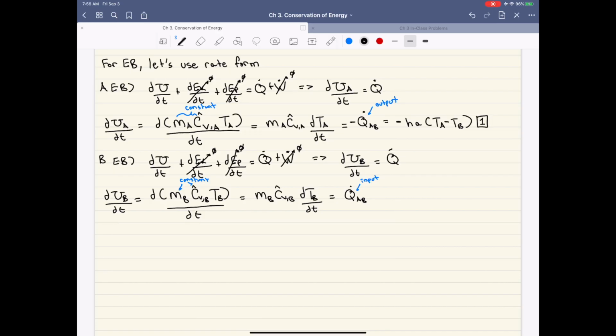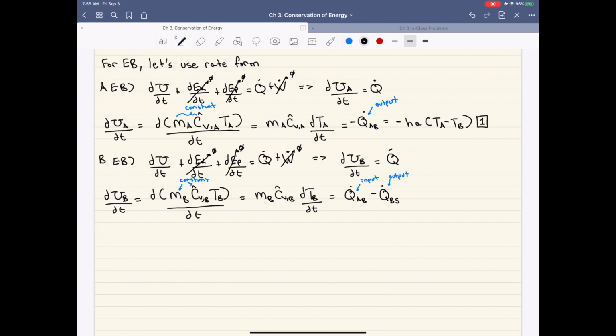The other heat we need to consider is the heat that goes from the cylinder to the surroundings. And this heat is leaving the cylinder, so this is going to be a negative because it's an output.